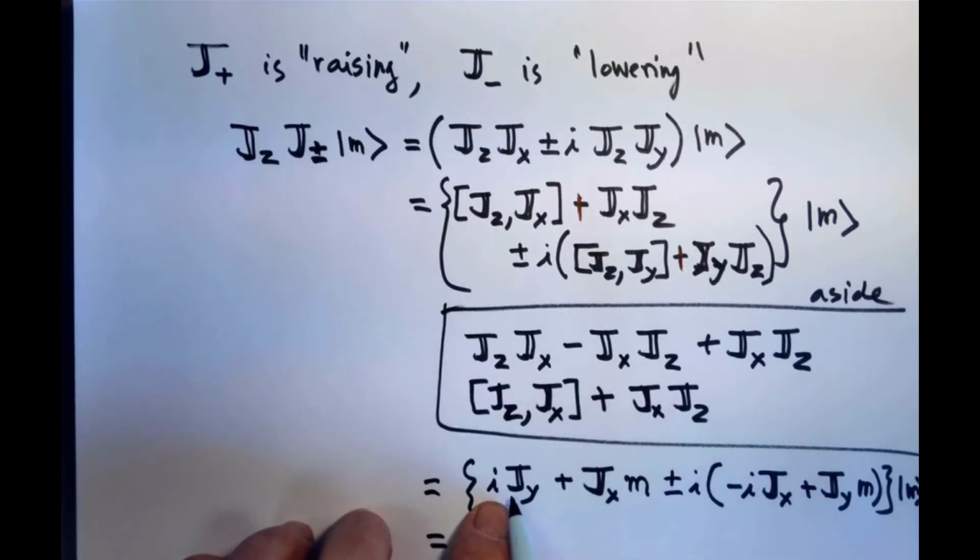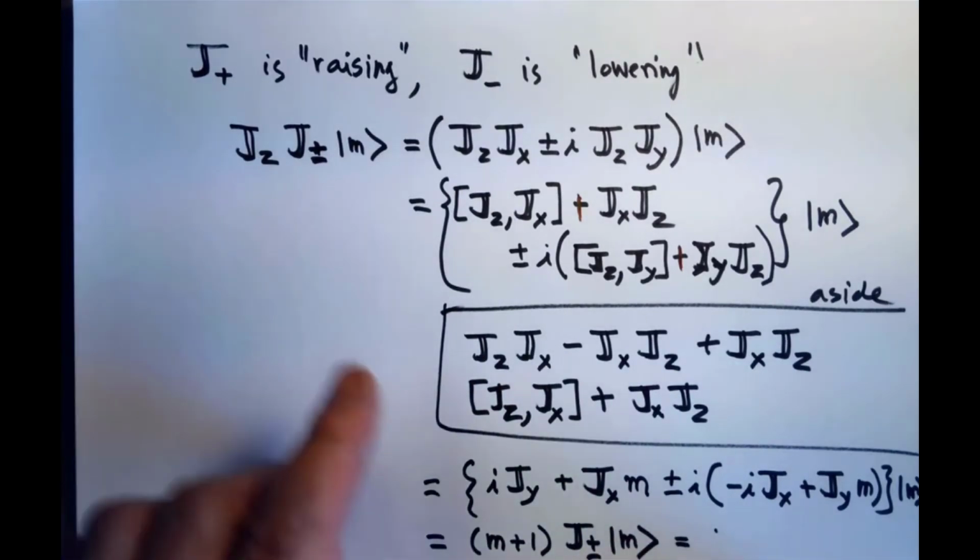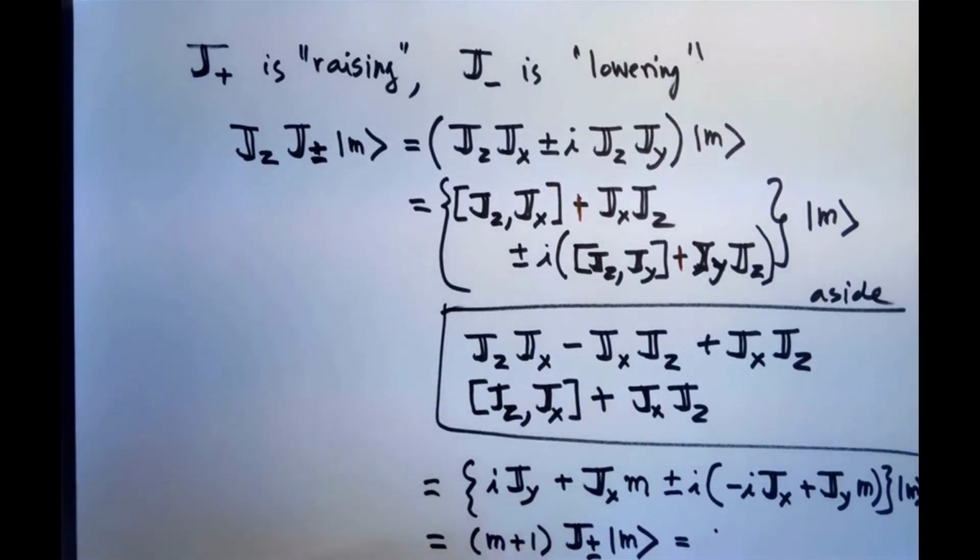And I have an i times here also Jy plus minus m. So I get, in other words, a J plus minus m. This whole thing here is giving me the eigenvalue that corresponds to the next state.